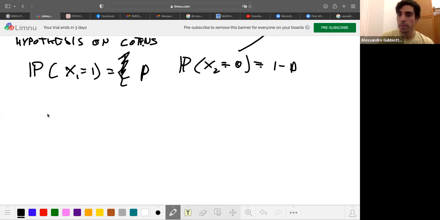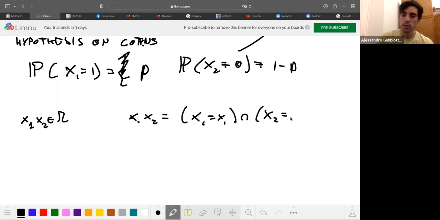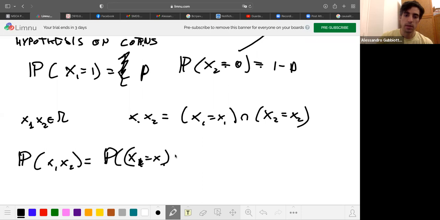Then we can do these computations for every (x1, x2) element of omega. How do we write this? The event (x1, x2) is the event capital X1 is equal to little x1 and capital X2 is equal to little x2.